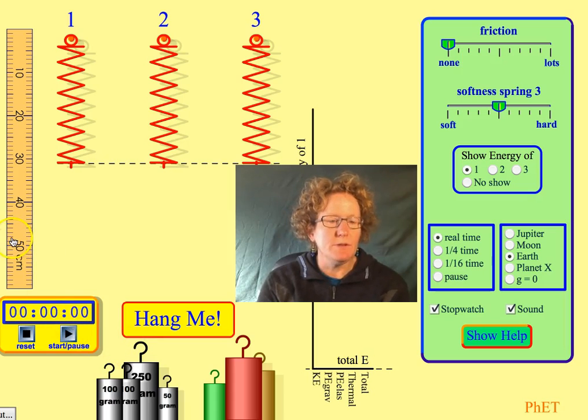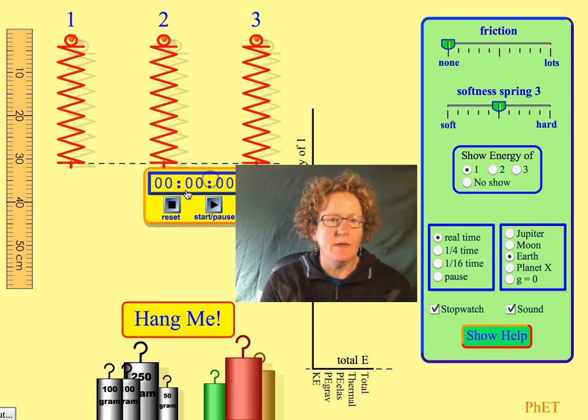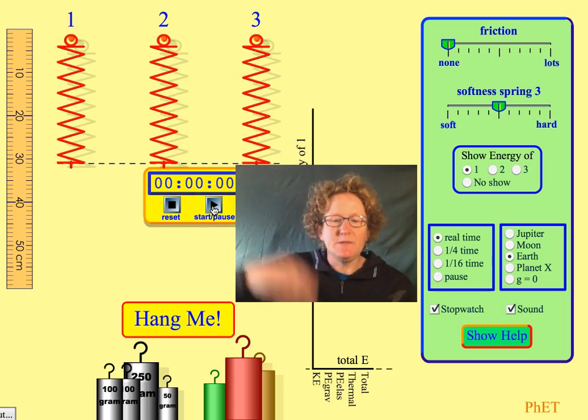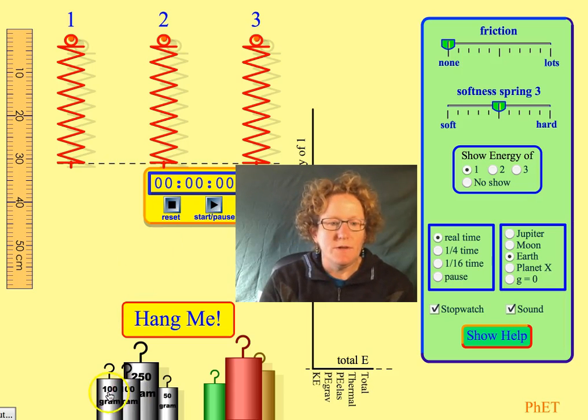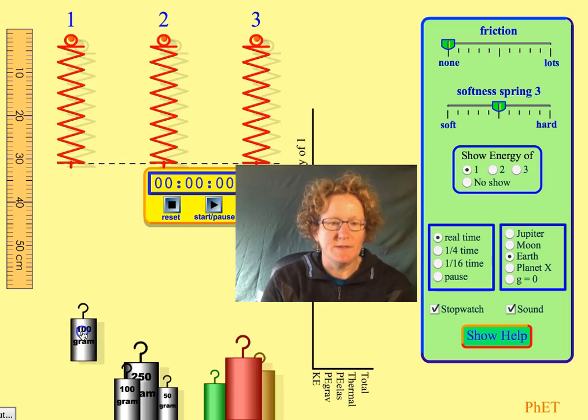We don't need the ruler, we can just leave that where it is. You may want to move the timer here so that it's out of the way. So I'm going to hit start on the timer, and then I'm going to count 30 bounces. And we're going to time for 30 bounces, and then you can do this for the other ones. Oh, I forgot to hit the timer here.